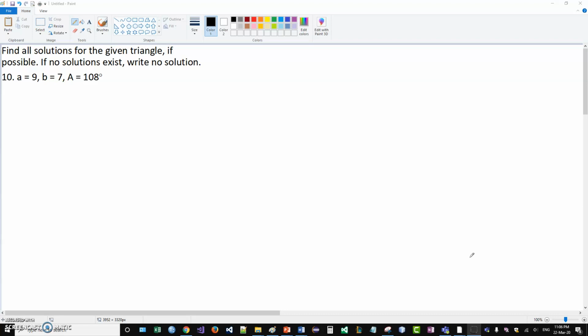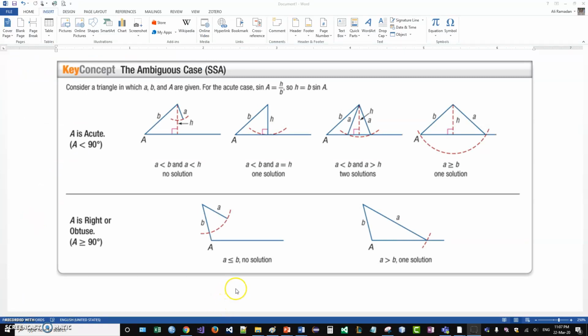Obviously, A is obtuse, means greater than 90, and A is greater than B, because A is 9 and B is 7. So according to this table, A is obtuse and A is greater than B, which means we have only one solution.